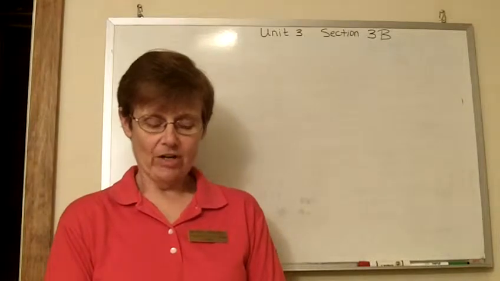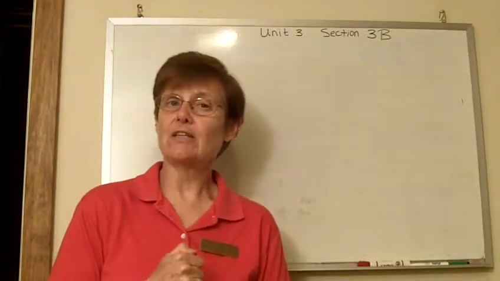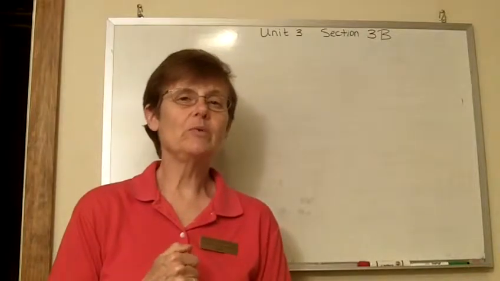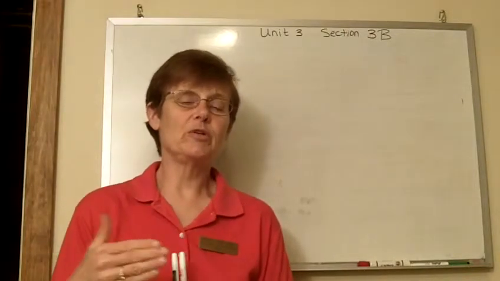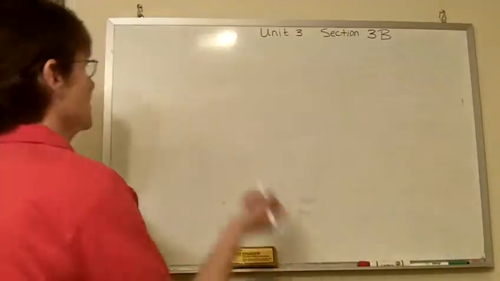But before we get started, we have to learn some prefixes, and I think you're going to see some of these prefixes look pretty familiar to you, especially as you get into geometry, because there are a lot of the same prefixes that you've used in math classes.